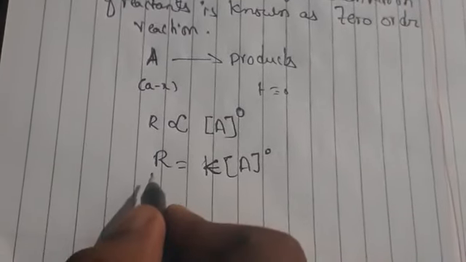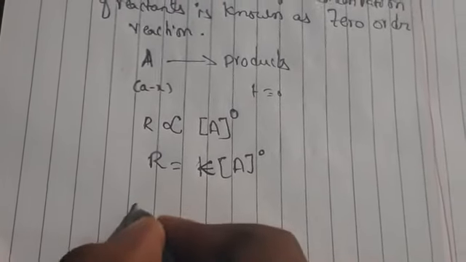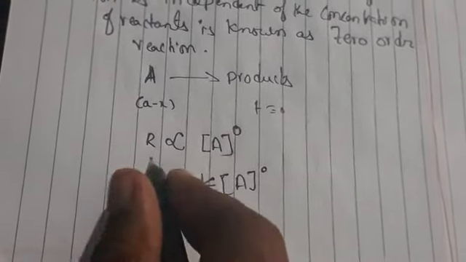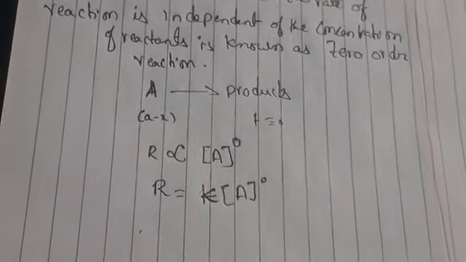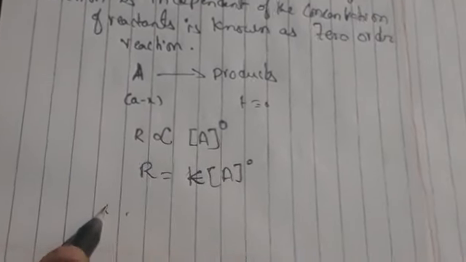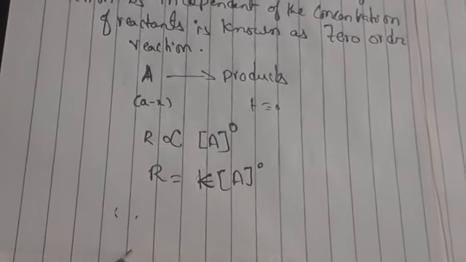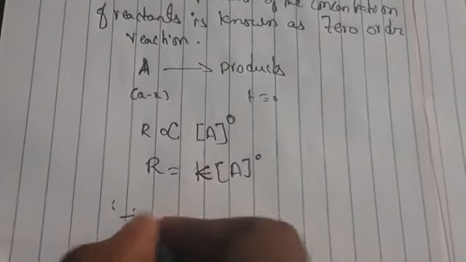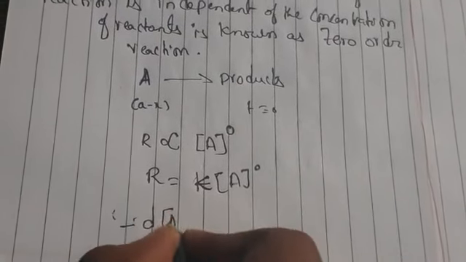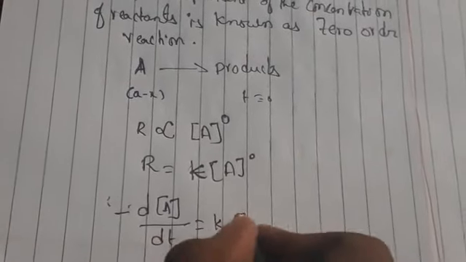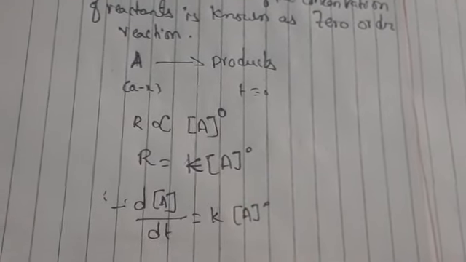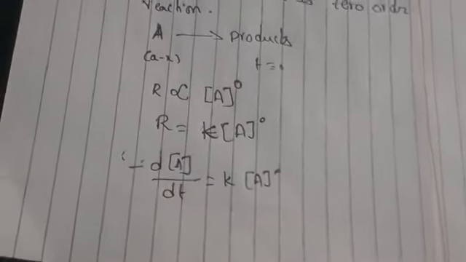So R is nothing but the rate of the reaction. As we have seen in the previous class, the rate of reaction is the decrease in concentration of reactants per unit time. So you will be getting minus d[A]/dt equals K into [A] to the power 0.